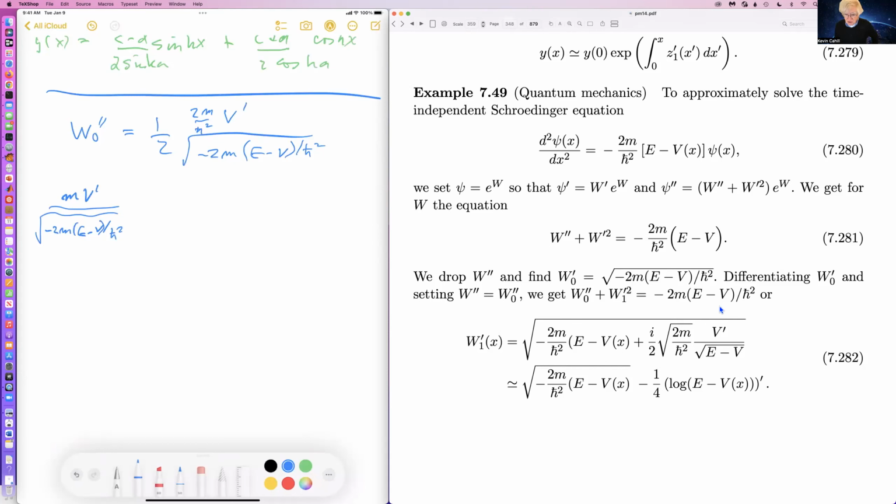So that's the w0 double prime. Then we have plus w1 prime squared equals minus 2m (E minus V) over h bar squared. So we solve that for w1 prime, and of course we get this. And then with a considerable amount of massaging, by the way, the i here allows us to switch E minus V to V minus E, or V minus E back to E minus V.